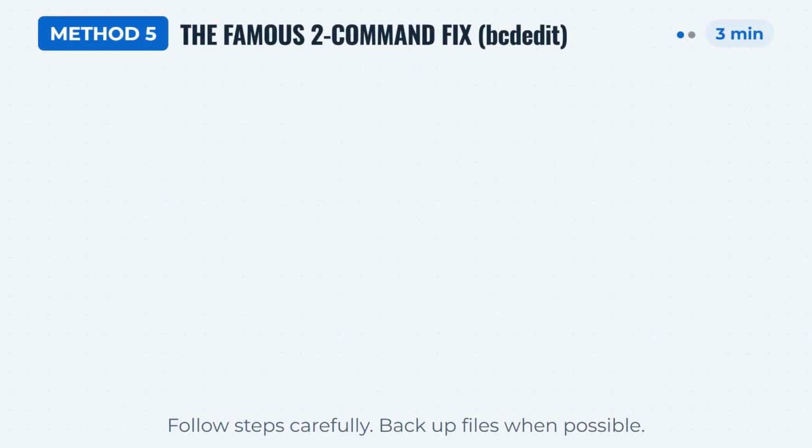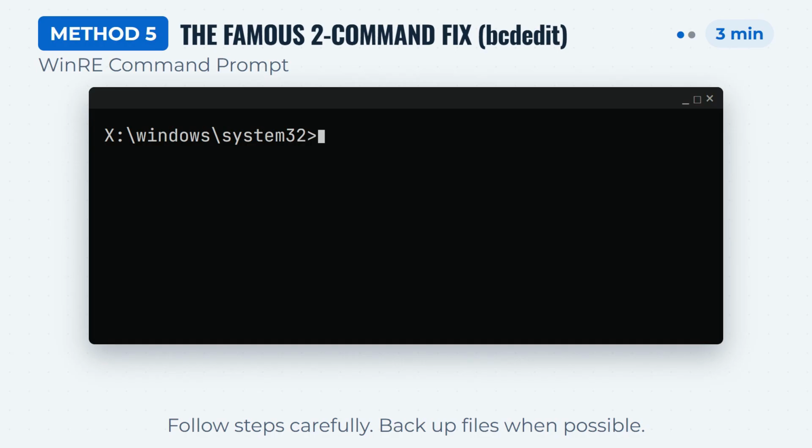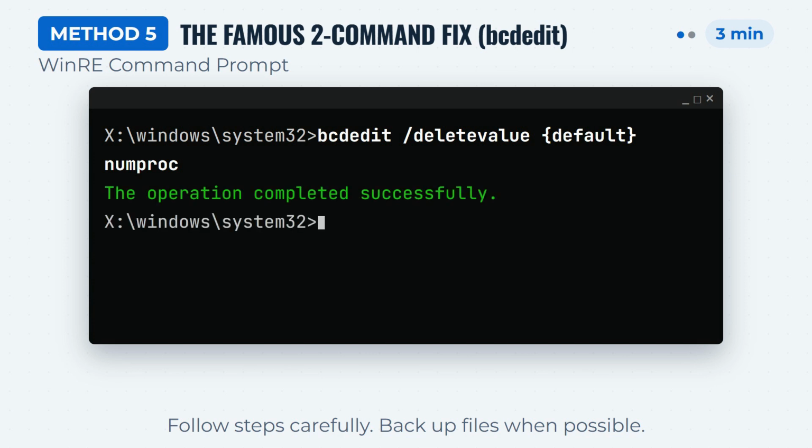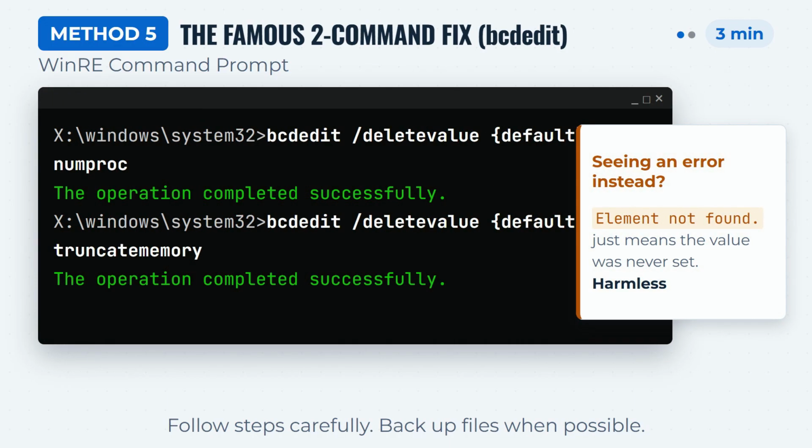Move on. Method 5. The famous 2-command fix. 3 minutes, and harmless even if it does not apply to you. It removes 2 boot values, numproc and truncatememory, which are often left behind by tuning guides or msconfig tweaks. In Advanced Options, open Command Prompt.